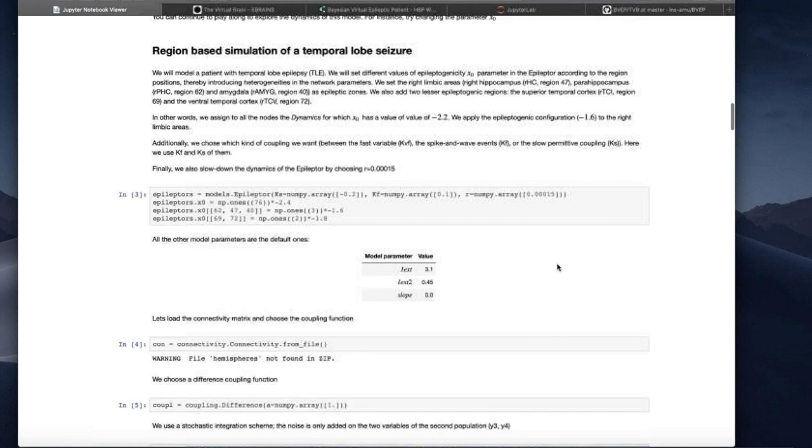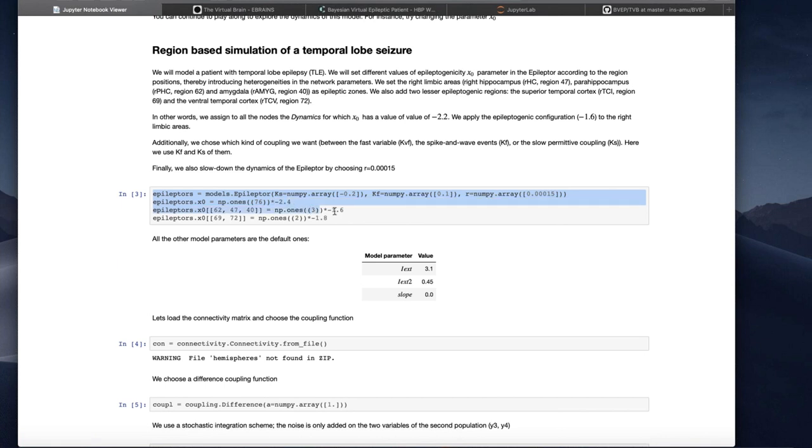So to simulate with TVB, you need first to choose your model. So here the Epileptor. And you can define the excitability for the regions. So either you put all the regions at the same excitability, or you can say, okay, these regions are more excitable than others.